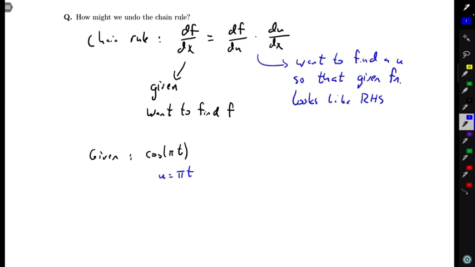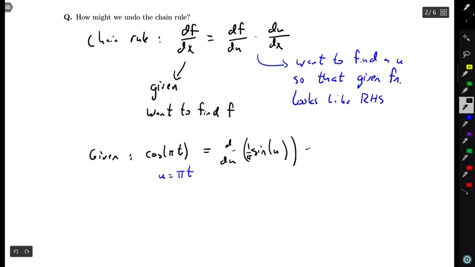And we recognized this cosine of pi t as the derivative of, so if we're thinking about u equal to pi t here, we recognized this as the derivative d du of 1 over pi sine of u, times du dt.